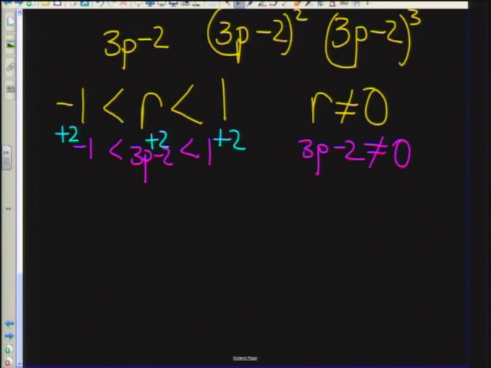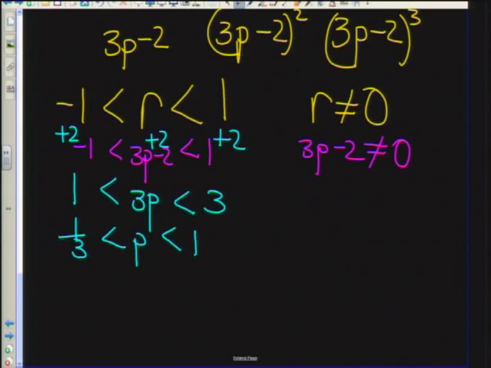So you don't necessarily always do the same thing. That gives me 3p is greater than 1, because 2 minus 1, and less than 3. Now, solving for p, again, I'm going to divide by 3. So I'm going to get that p must be greater than 1/3 and less than 1.